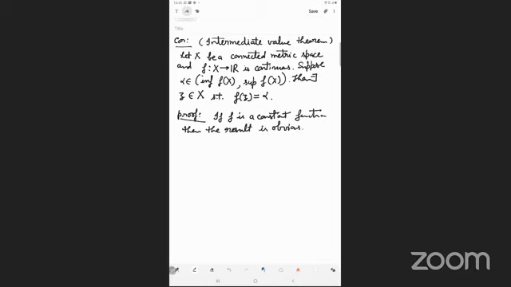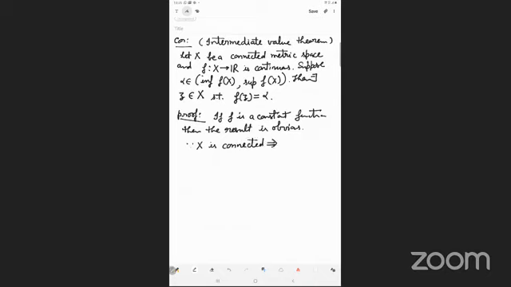If not, since it is given that X is connected, this implies that, since f is a continuous function, f(X) is connected.